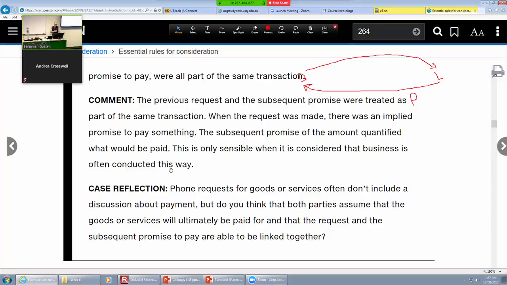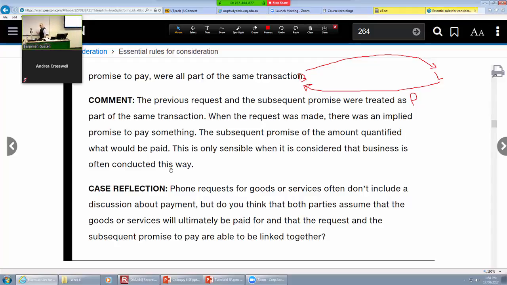So when the request was made, this is my argument about the reasonable person, there was an implied promise to pay something. Because as a reasonable person, why would you go incur all of this expense if you don't have this implied promise that you compensate me for my expenses? Otherwise, why would I go and do it? Unless I'm your friend or my relative or something. Okay? So that's the implied promise.